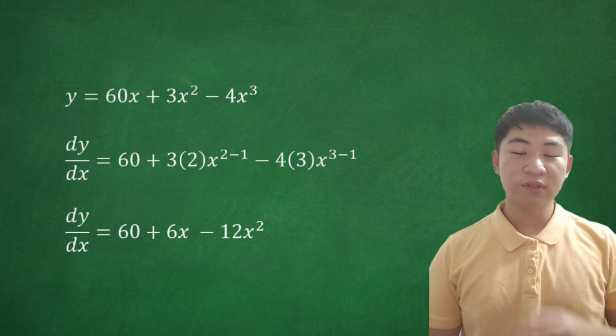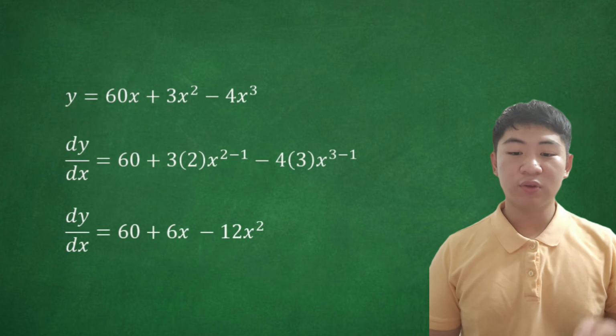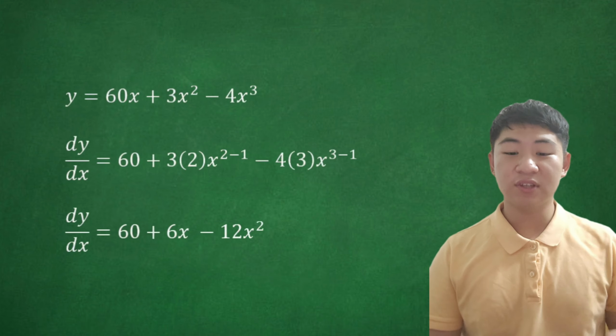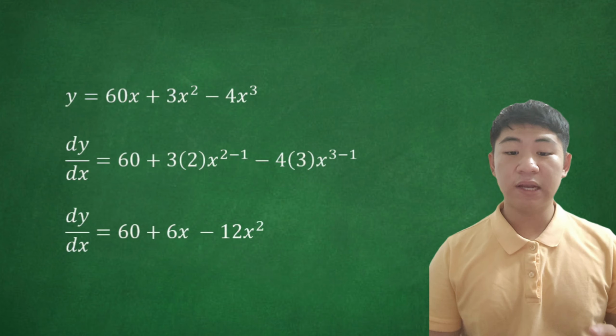Then 2 minus 1, since we are using the first formula, becomes 1. So x to the power 1 is just x, so it's just 6x. For the 4x cubed, we move the 3 to the 4, which makes it 12, and x power 3 minus 1 becomes 2.